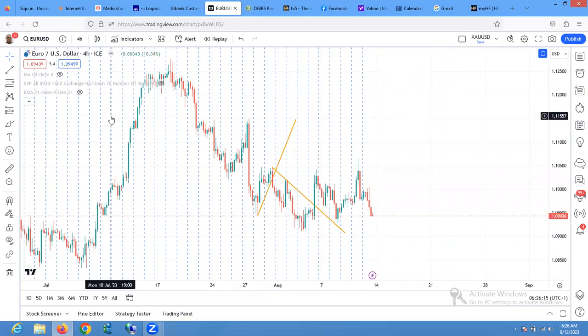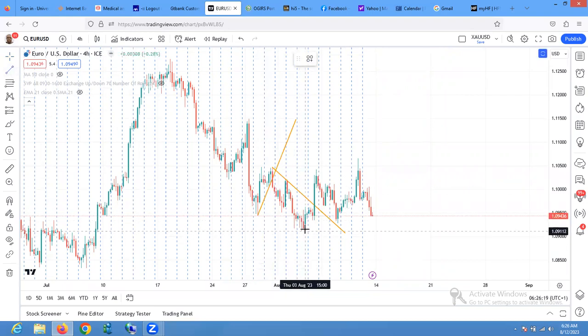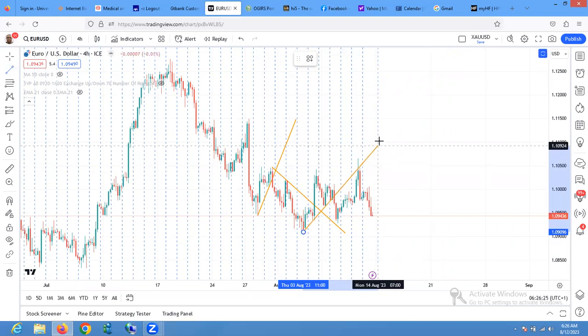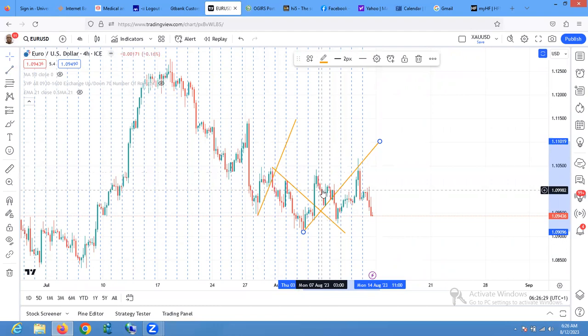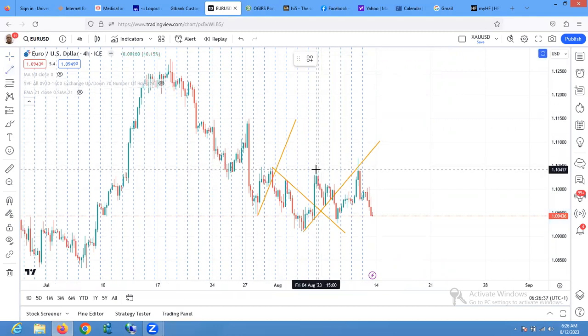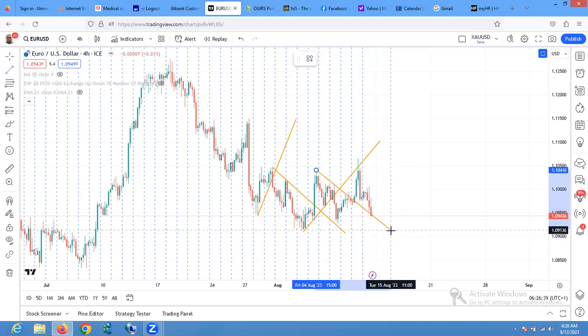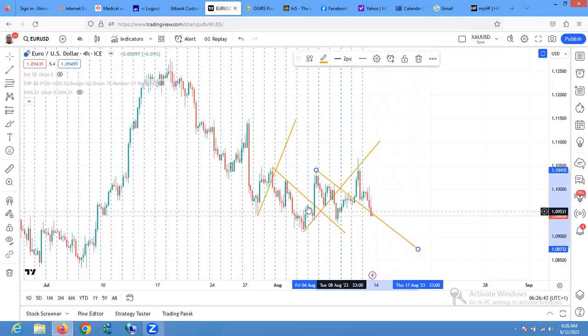Then we come here again, in between this low. Now, this tells me that this is a new move, 1, 2, 3. That's the third move. And here, to this side, that's the fourth move.